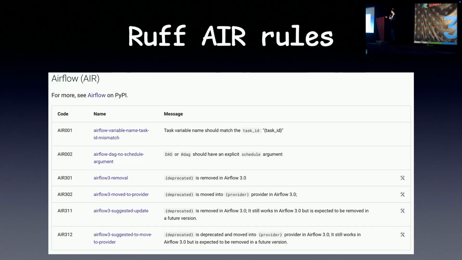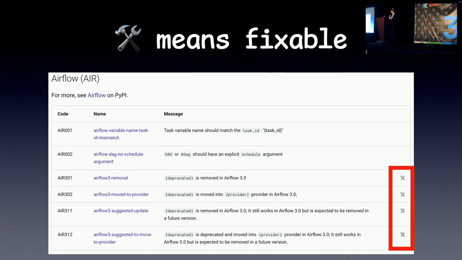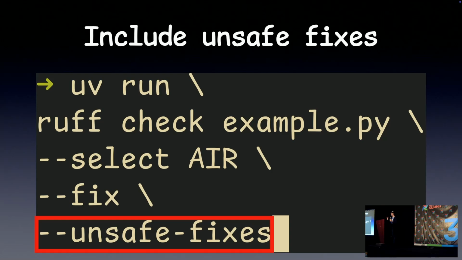If you go to the official Ruff documentation, the AIR part is the first rule group because we start with A. Nice naming choice. And there's a toolkit emoji there. If there's an emoji there, it means part of the rule is fixable. And there's an --unsafe-fixes flag.